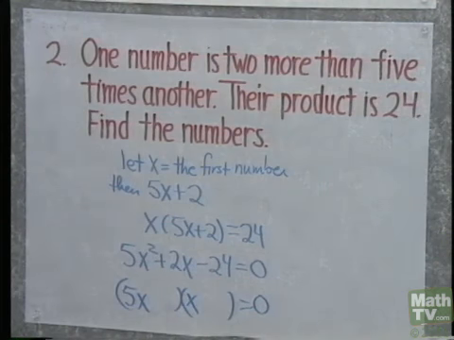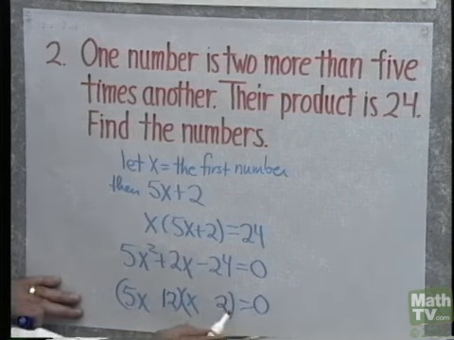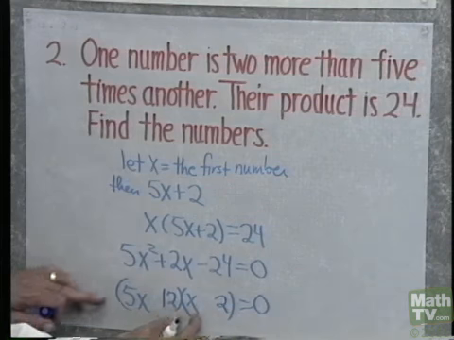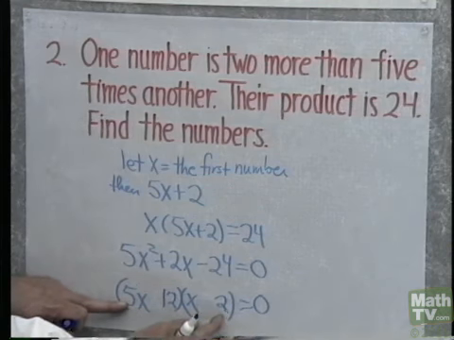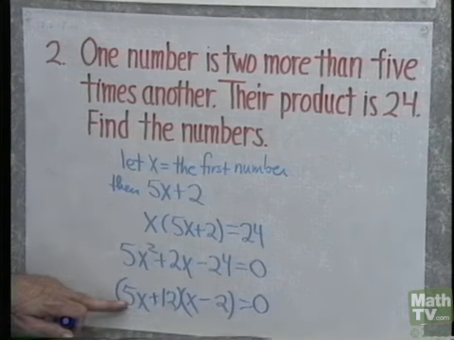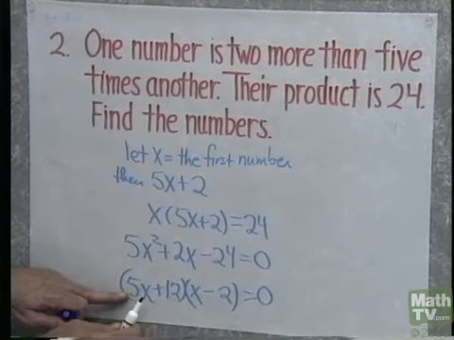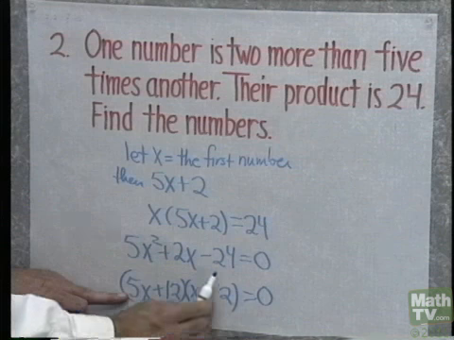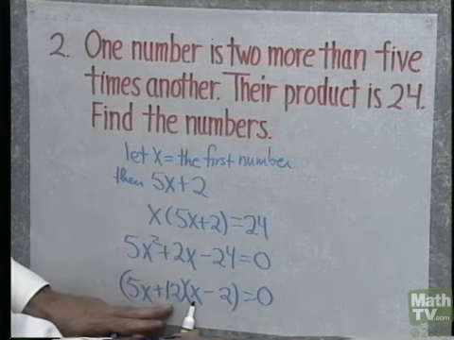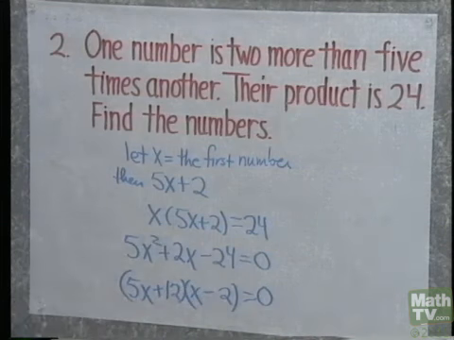How about if I put 12 here and 2 here, because then I'll have 12x inside, 10x outside. They'll differ by 2x. So I want my 12x positive, so I'll make that positive, and 10x negative, so I'll make that negative. Now, did that work? 5x times x is 5x squared. Positive 12 times negative 2 is negative 24. Inside is 12x, outside is negative 10x. They add up to 2x.